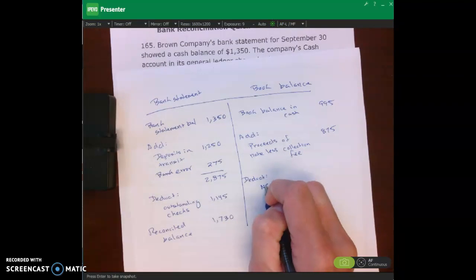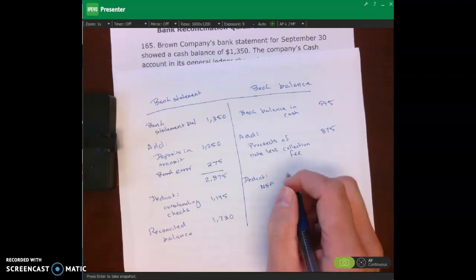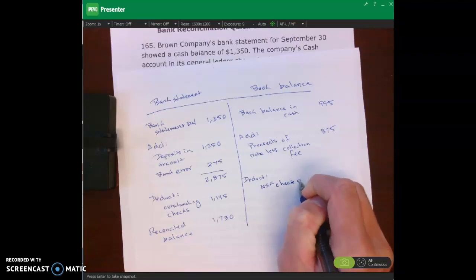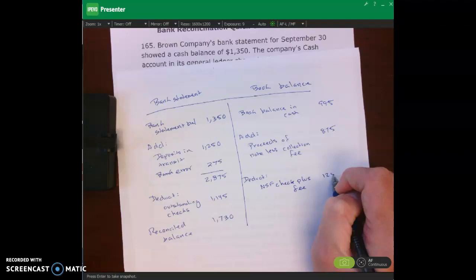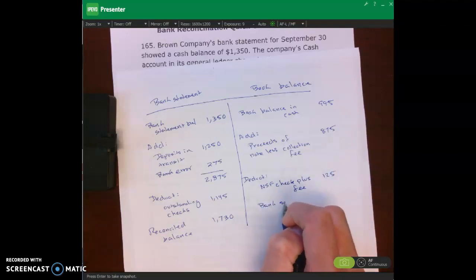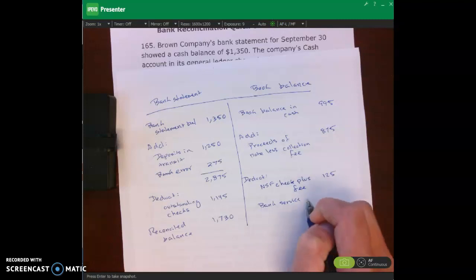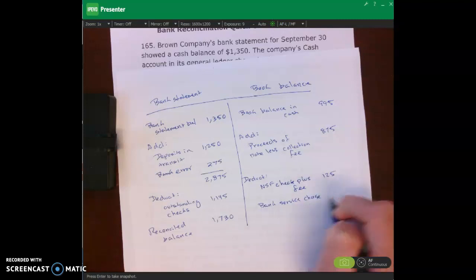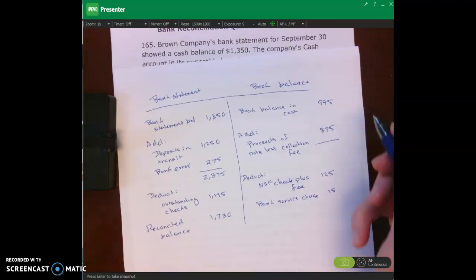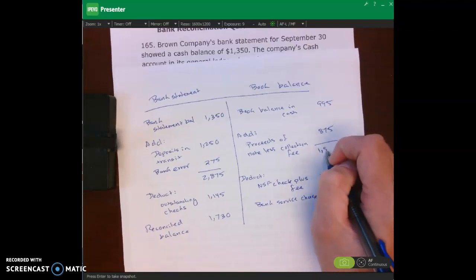Okay? So we deduct our NSF, non-sufficient funds check, plus the fee, which is our $125. And we also deduct our bank service charge of $15. Let me redo that. Our adjusted balance gives us $1,870.